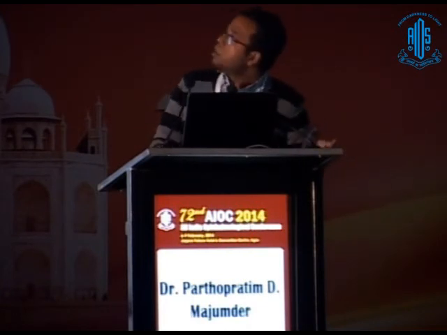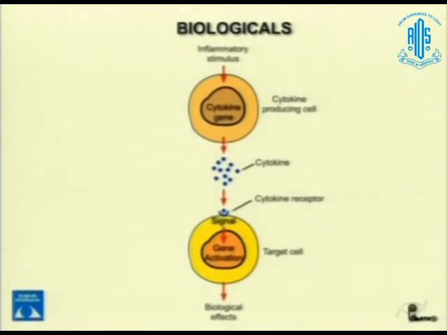If you see the normal inflammatory reaction, what happens? There is an inflammatory stimulus. It acts on the cytokine gene of the cytokine producing cell. Then they release the cytokine, and the cytokine receptor carries this signal, and the gene is activated, and they release the inflammatory mediators, and there are biological effects of the inflammation.